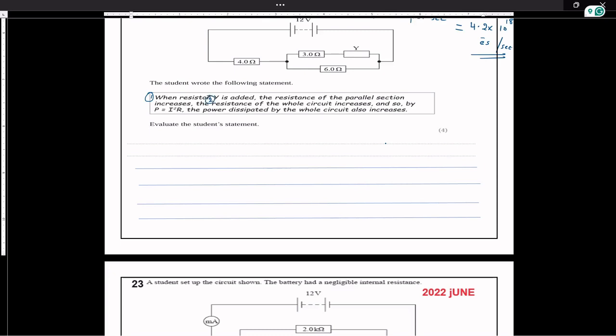So let's see. If resistance Y is added in loop 1, in that loop, the first branch resistance is increasing. That is, it is 3 plus Y. That means the resistance of loop 1 increases.